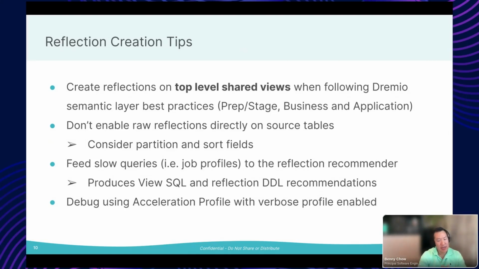And finally, as I showed you already, if you need to troubleshoot what's going on with reflection matching, then you go to the acceleration profile, and you need to have the verbose profile enabled.